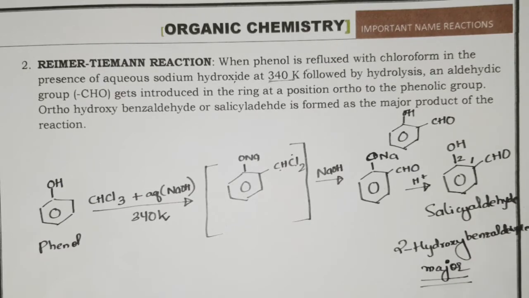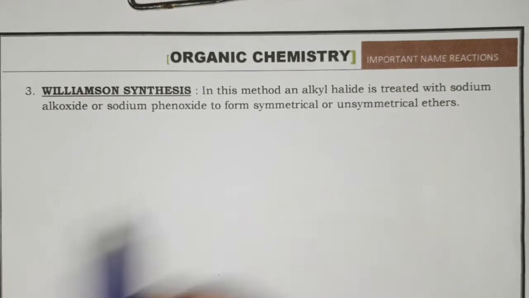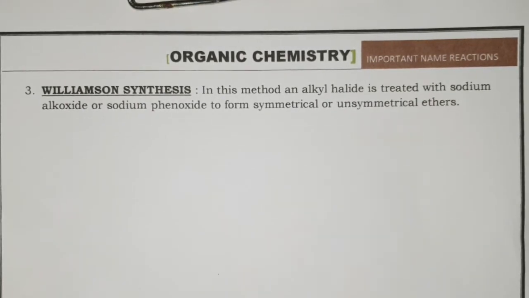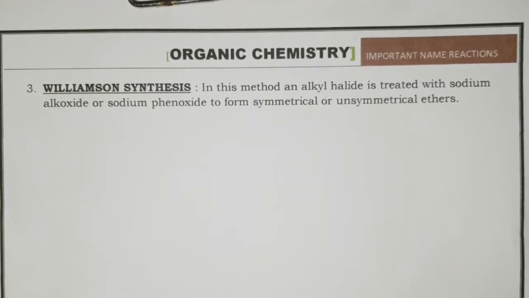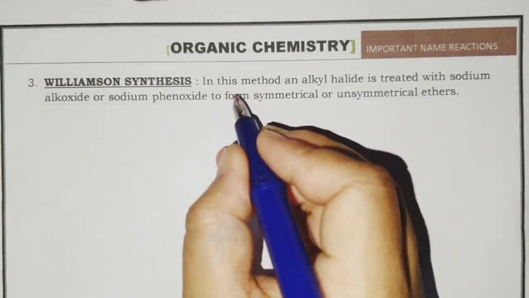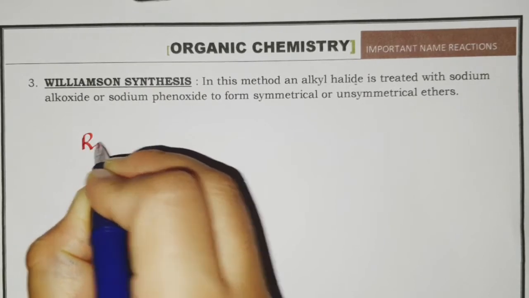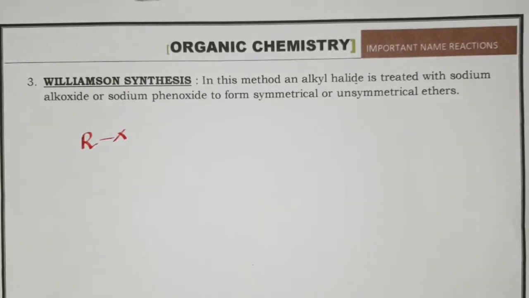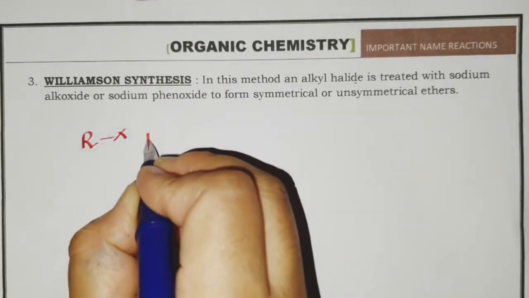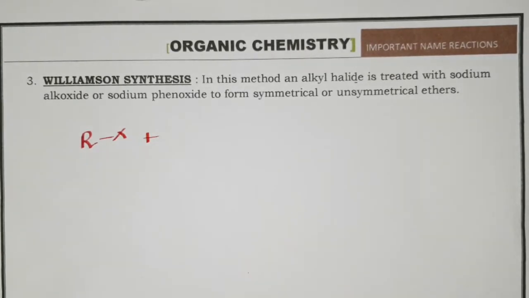Now, the last reaction that we are going to discuss in this video is Williamson's synthesis. In this method, an alkyl halide, formula R-X, is treated with sodium alkoxide or sodium phenoxide.